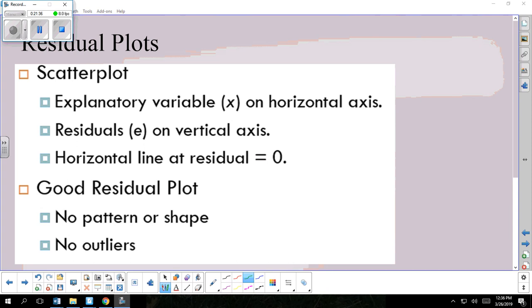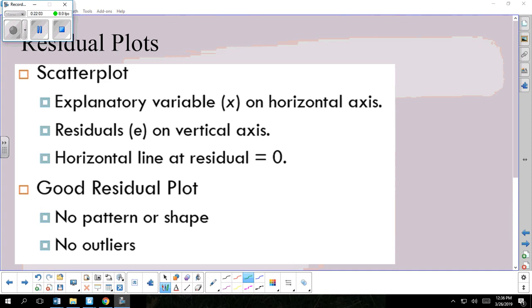Last important part is residual plots. This is key for our inferential analysis of lines. This tells us a few things. We're going to put our explanatory variable on the x-axis, our horizontal axis, and then we're going to put all of the residuals for each of the points on the y-axis. Remember, residuals can be positive or negative. Then we look at the plot.